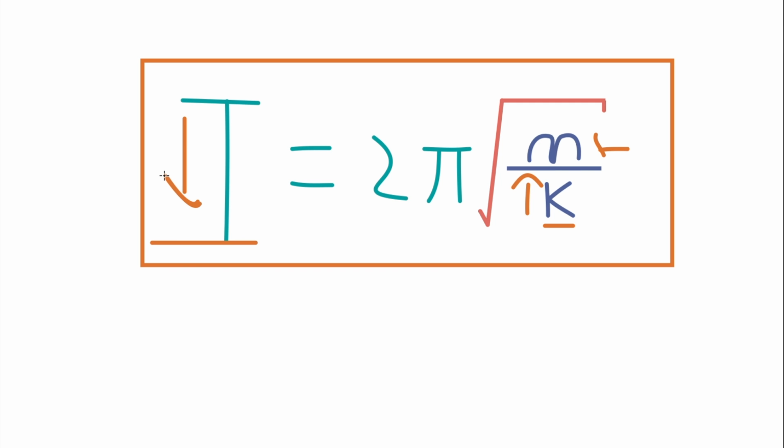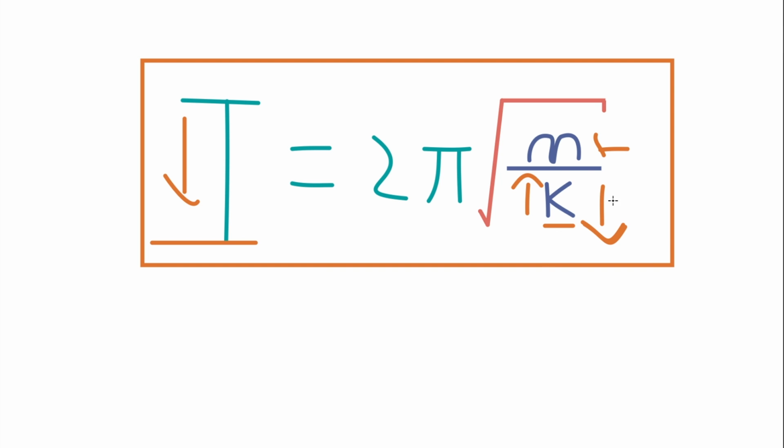So if we have a tighter spring, it's going to move around faster, so it's going to have less period. And if there is less spring, it's going to stretch out farther and come in farther, and stretch out farther and come in farther. Okay, I think you get the point.